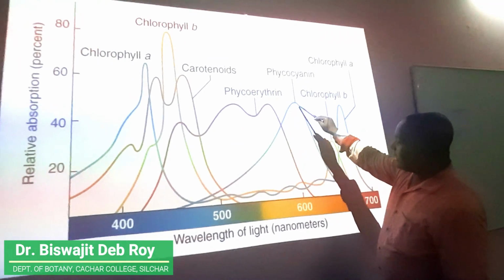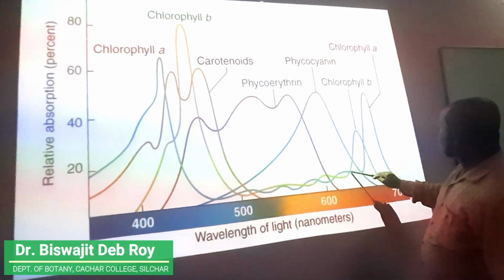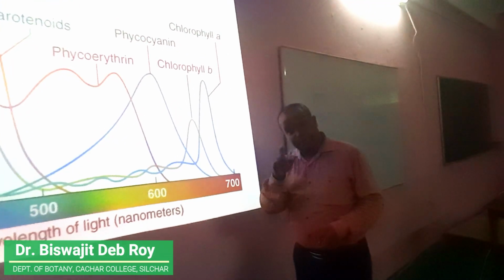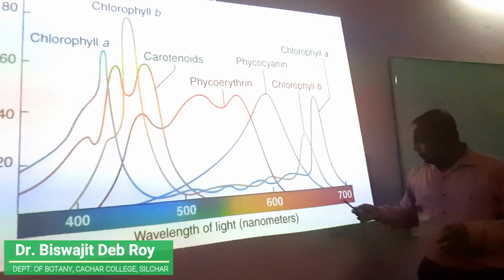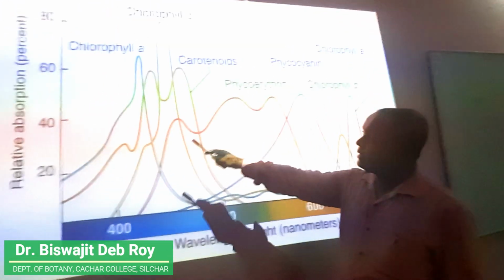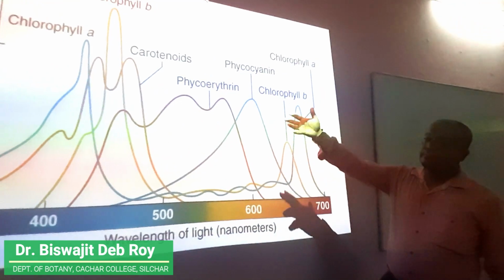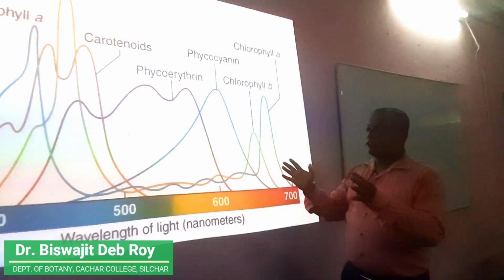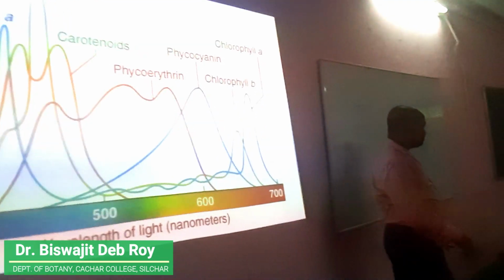Then it again increases near about 600, and again increases here at 680. So for chlorophyll A, maximum absorption occurs in the blue violet region and the red region. In the near red region there is a 680 peak, and another peak at 450. It will change for chlorophyll B, for carotene, for phycoerythrin. So it is not the same. For each individual pigment, the absorption spectra curve is of a different type.